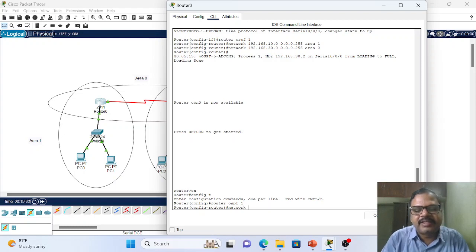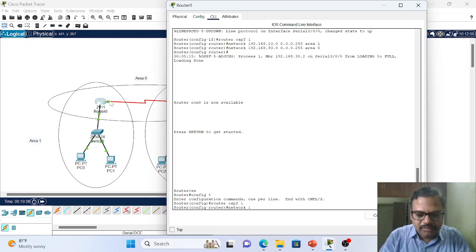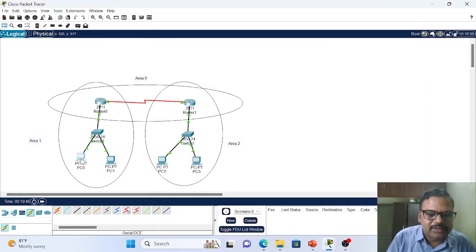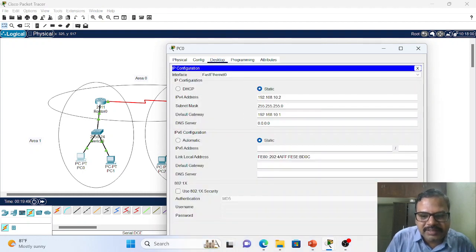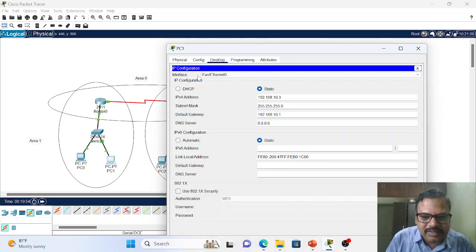What are the networks connected with the router? This network number is 192.168.10.0. You can refer to PC0, you can see the IP is 10.2, and PC1 is 10.3.